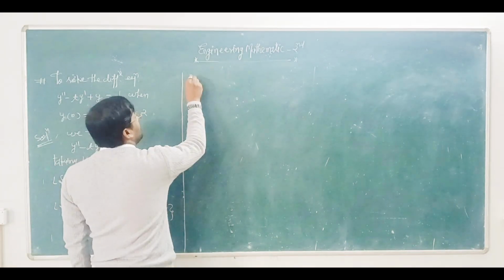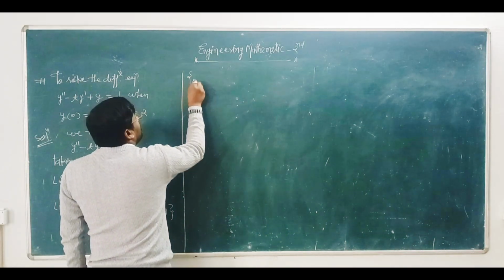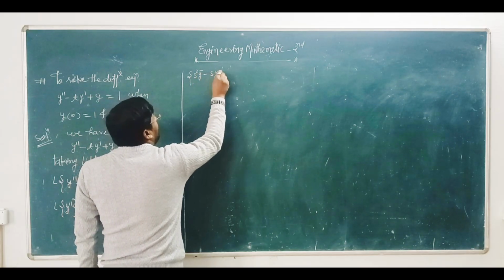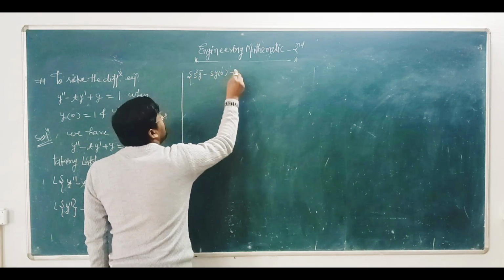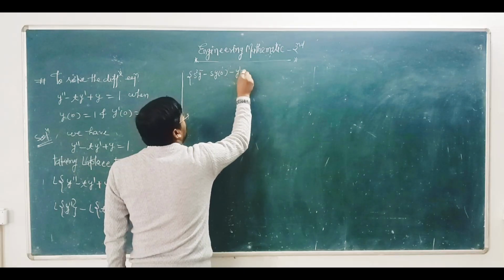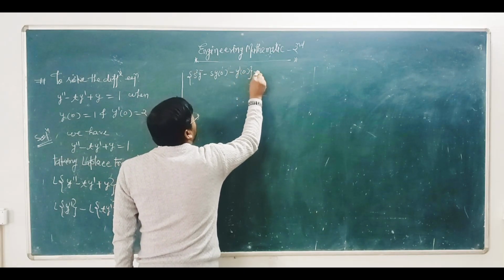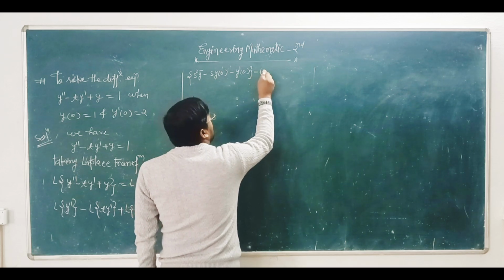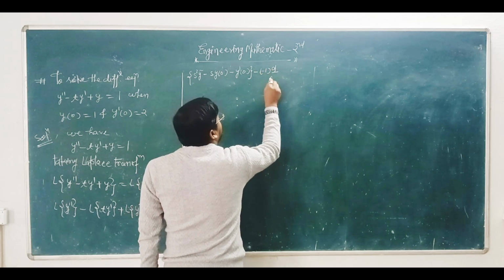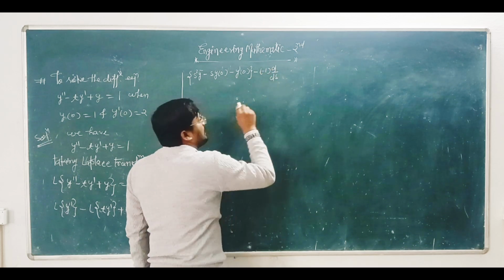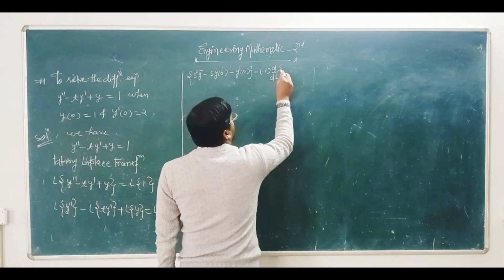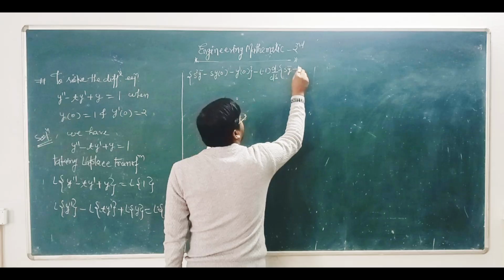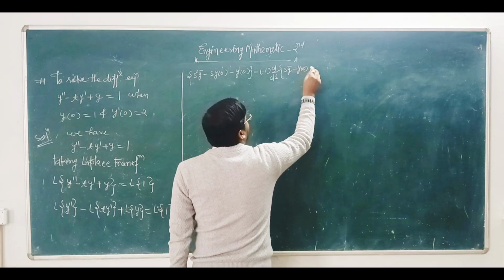First, y double dash means s square y bar minus s y(0) minus y dash 0. Minus t means minus 1 d by ds, this means first-time derivative. Now y dash means s y bar minus y(0).